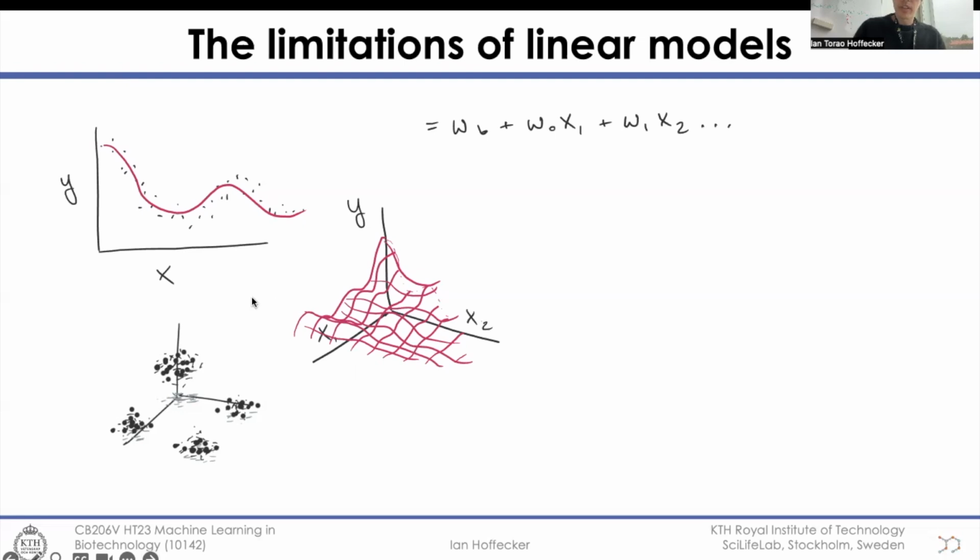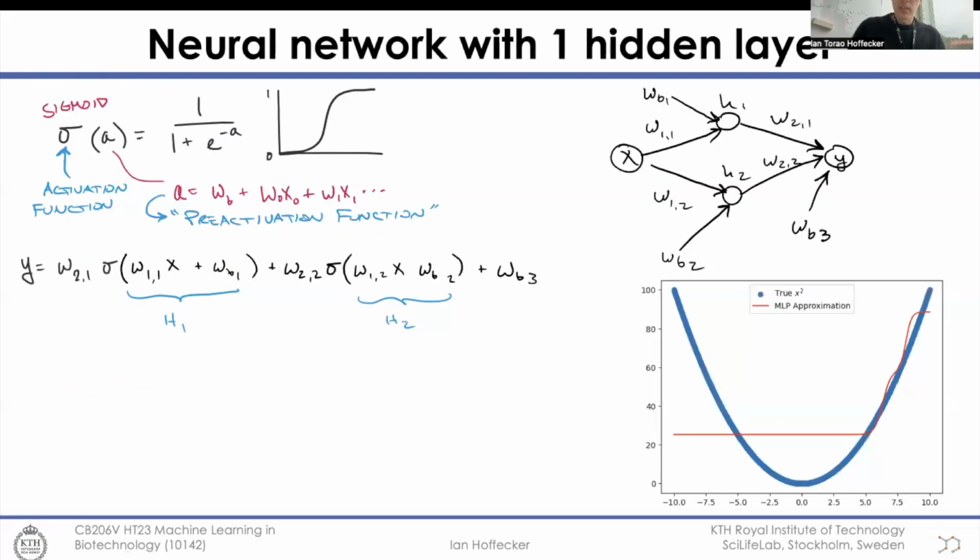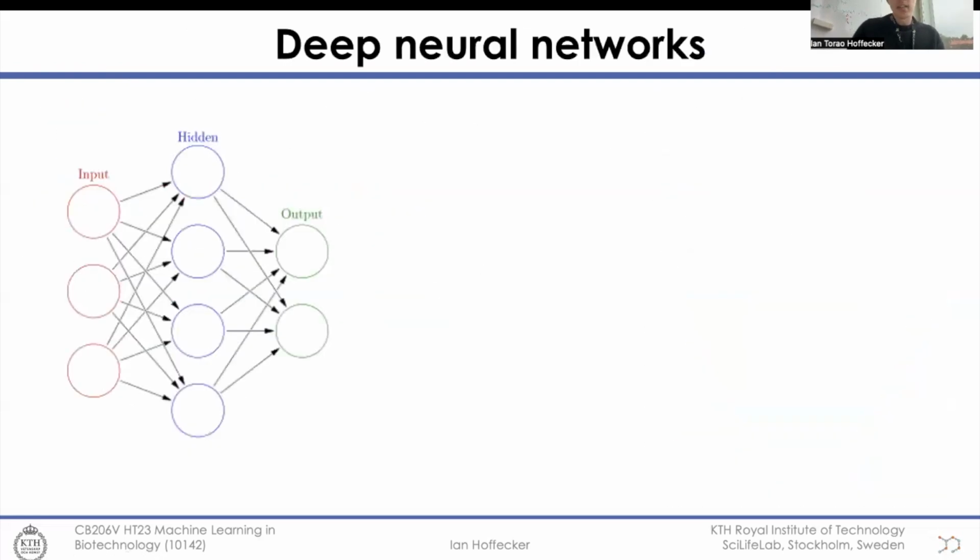There are all sorts of functions out there that cannot really be captured by linear regression or logistic regression. These include all sorts of surfaces, shapes, manifolds, and clusters of data that are very typical to observe in biology. And so this is the whole idea behind deep learning, that we have these hidden layers.